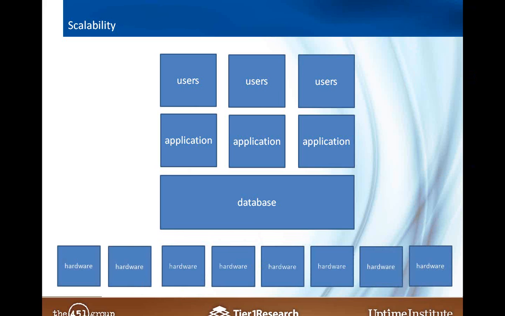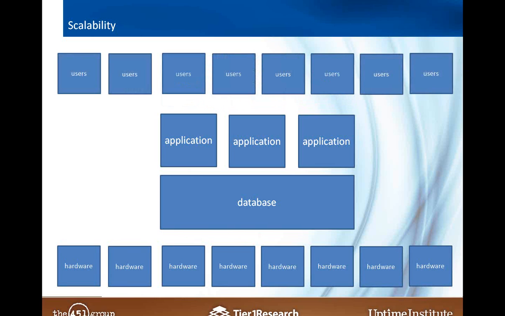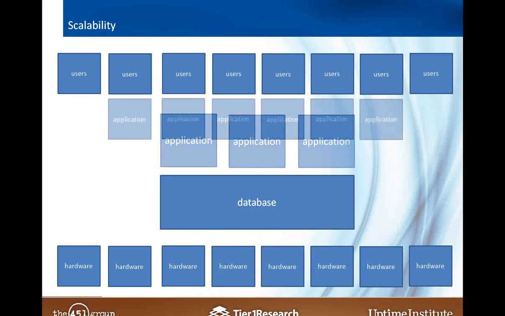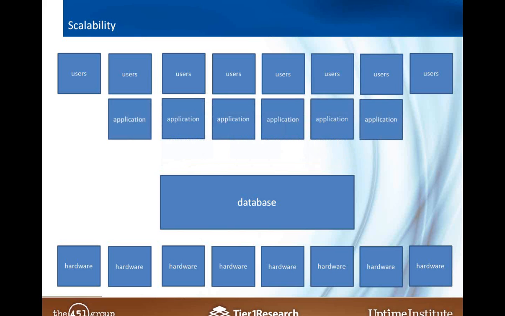Another trend that's gone alongside that is the increased use of web applications, and what that's driving is a much larger, much more diverse potential group of users that the application layer has to deal with. And we've seen changes in the application server layer, the web server layer, the applications themselves, in order to be more elastic and to cope with these increased demands coming from an increased number of users.